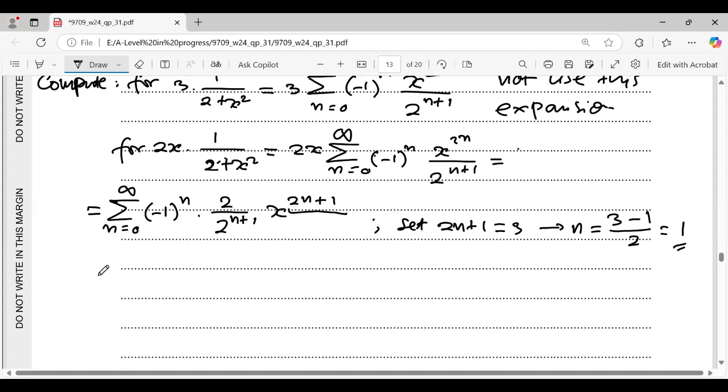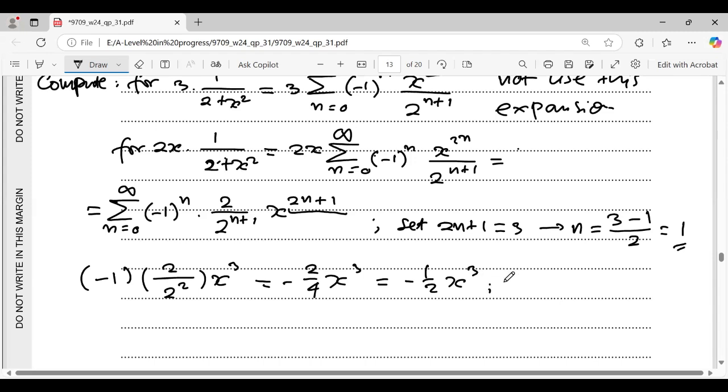So it means minus 1, 2 over 2 squared, x cubed. Based on this information, it becomes minus 2 quarter x cubed, or minus 1 half x cubed. So the coefficient is minus 1 half.